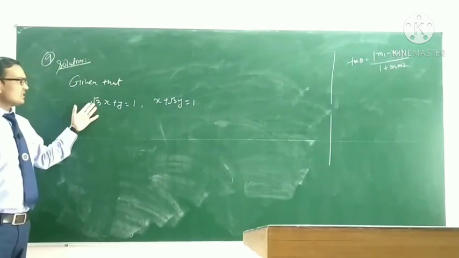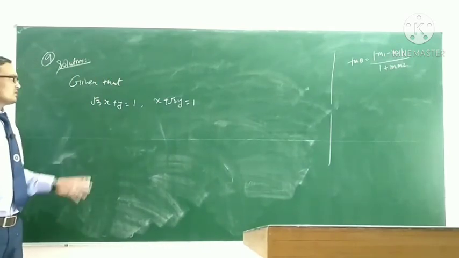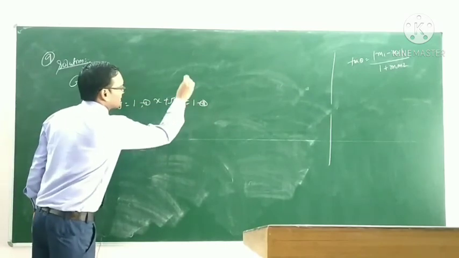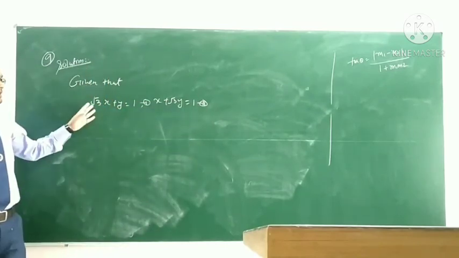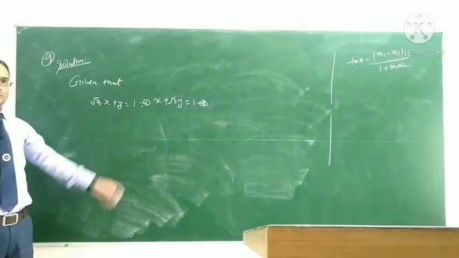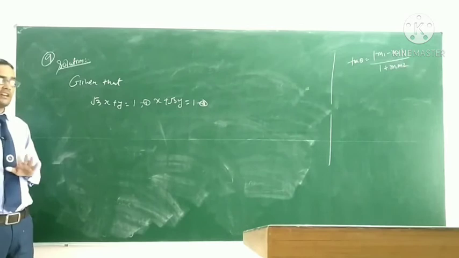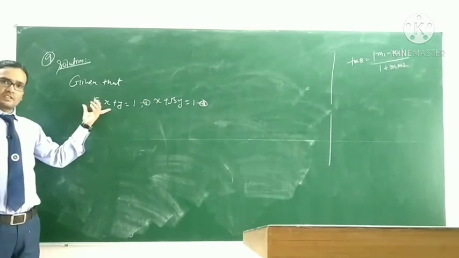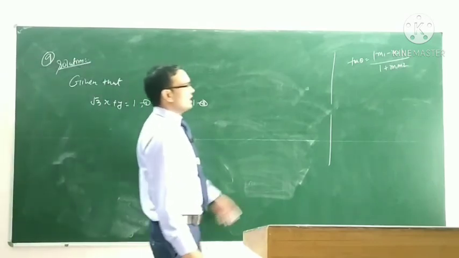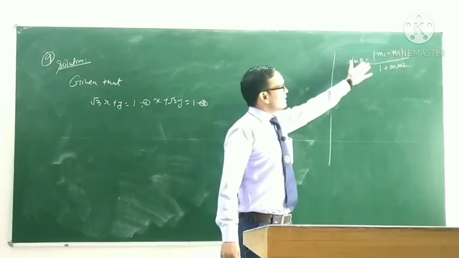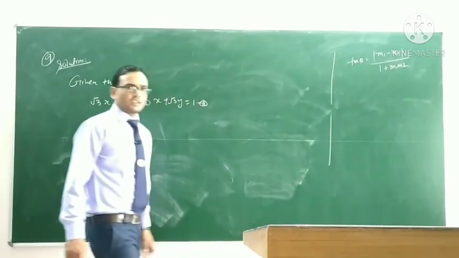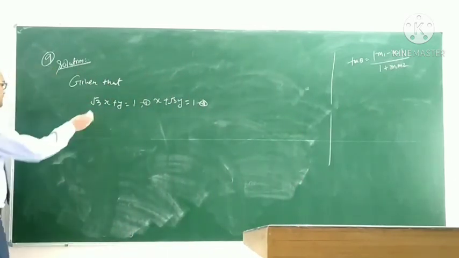Here two lines are given. This is the first line and this is the second line. We find the angle between these two lines. First of all we find the slope of this line and the slope of this line. Then using the formula tan theta is equal to mod of m1 minus m2 upon 1 plus m1 into m2.